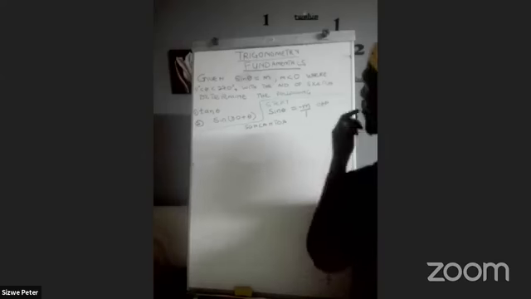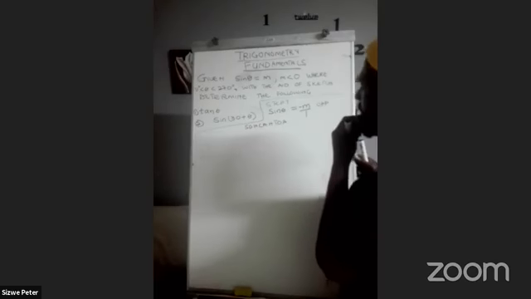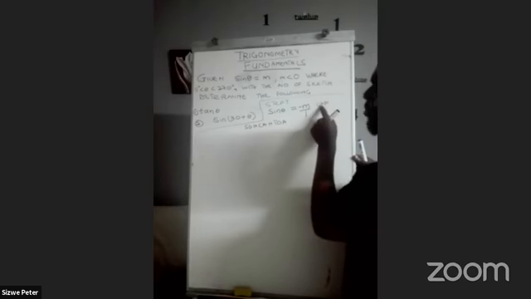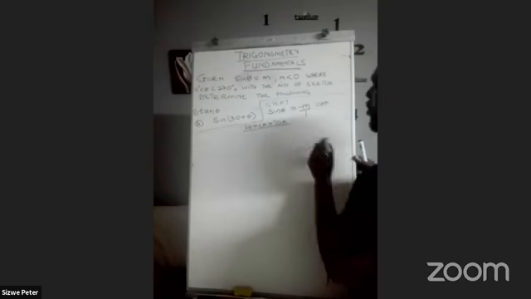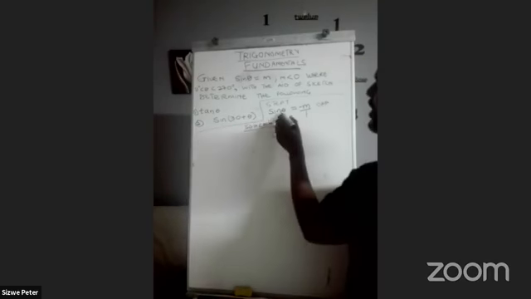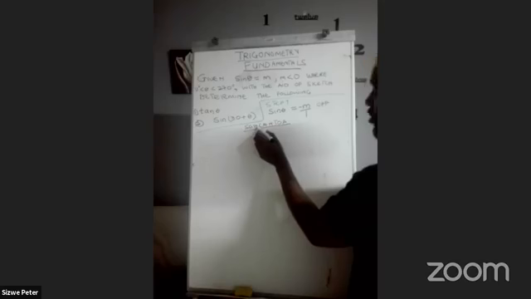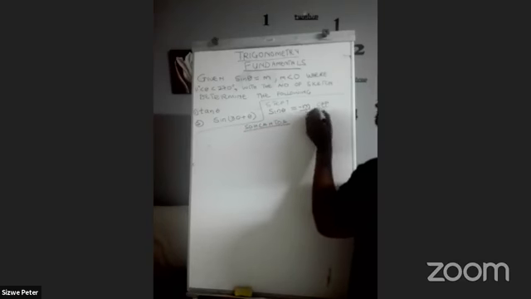Now, what we need to do is to identify which one is the opposite, which one is the hypotenuse. We must use SOHCAHTOA always. So we know sine is opposite over hypotenuse. So this is opposite over hypotenuse. Are we fine so far?